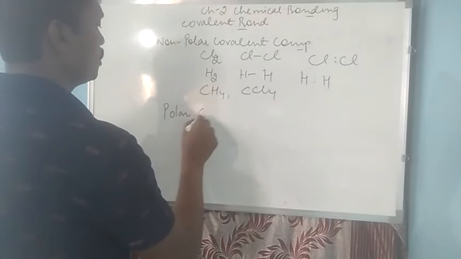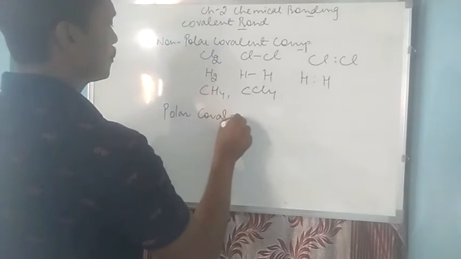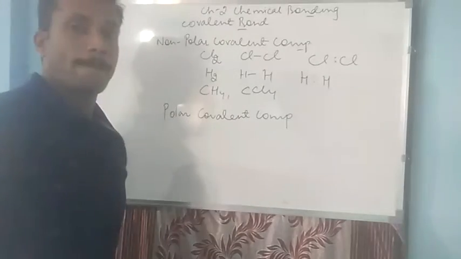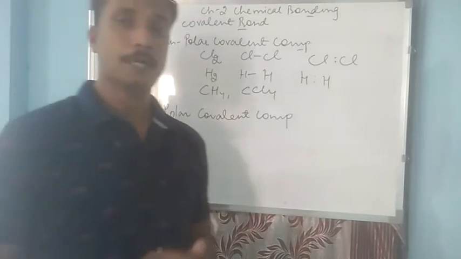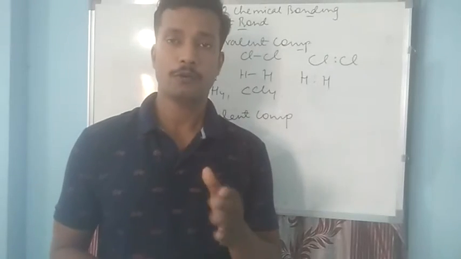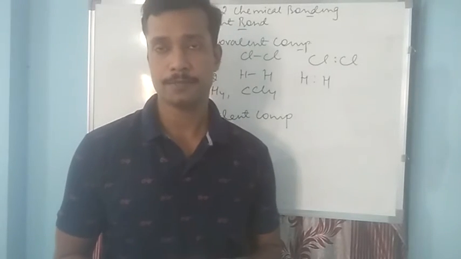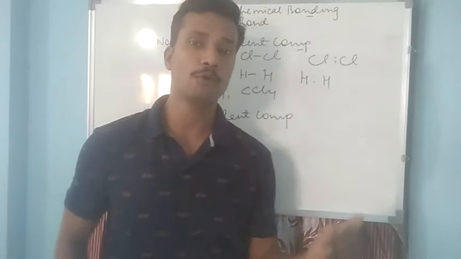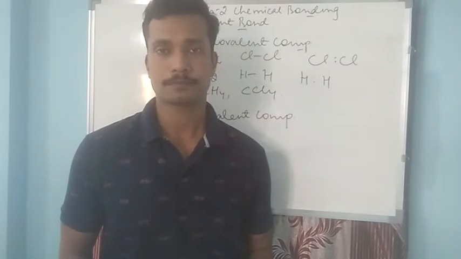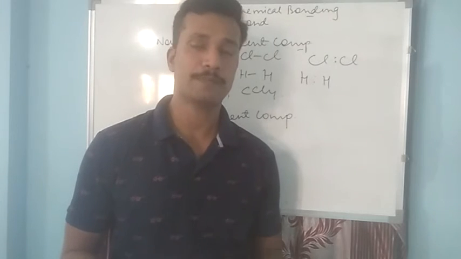And next type is polar covalent compound. Polar covalent compounds are the compounds in which the shared pair of electrons will not lie between the two combining atoms. Instead, it will be more towards the more electronegative element. And as a result, the charge separation will be there.